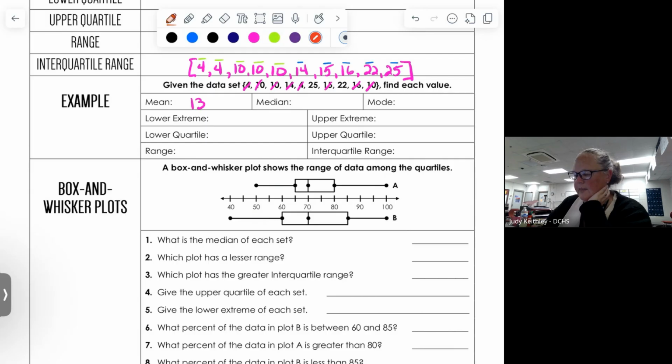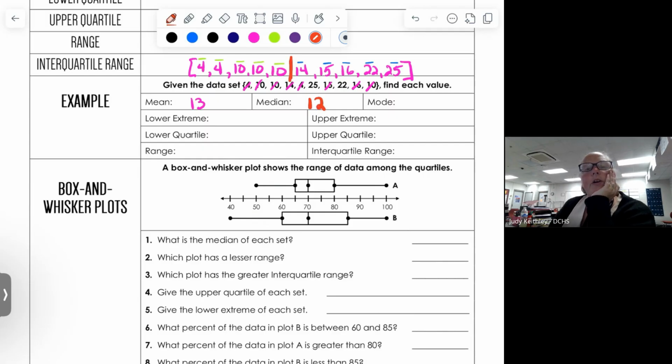We find that the data is split in half between the number 10 and 14. The number between 10 and 14: you've got 10, 11, 12, and 13. So 12 would be that middle number.